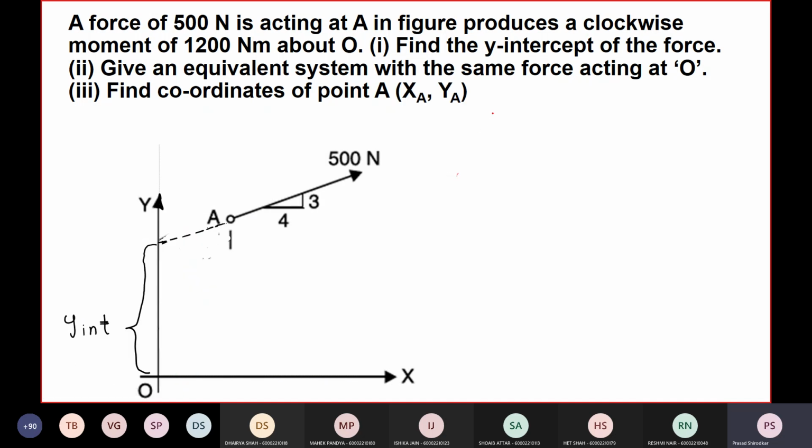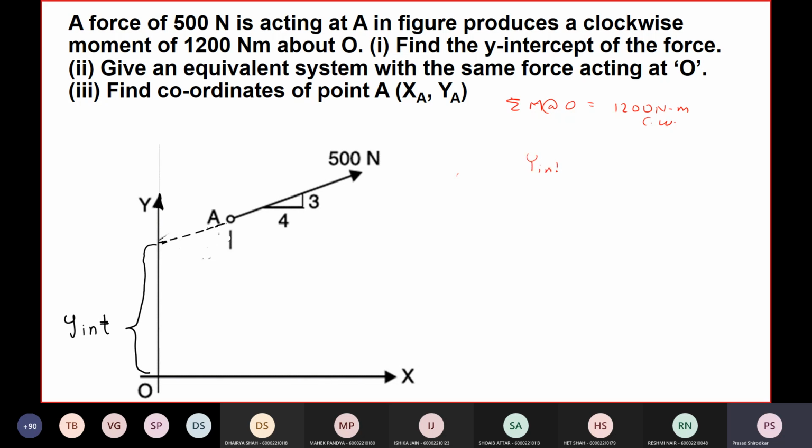Now to find out the y-intercept, we have to find the moment of the force about O. So summation M about O is given as 1200 Newton meter, and that is clockwise. Okay. So how to find out the y-intercept?